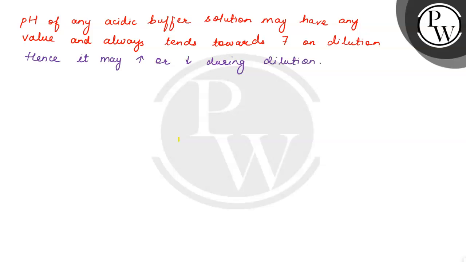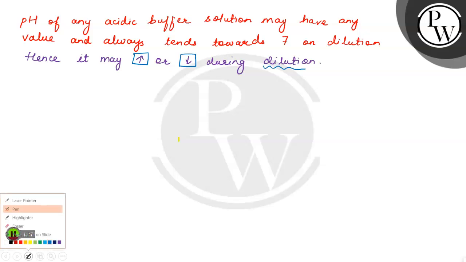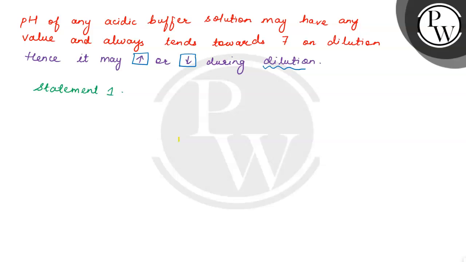So because of this, keeping in mind that it may increase or decrease during the dilution, we can say that statement 1, that is the assertion, will be incorrect, and statement 2 will be correct.